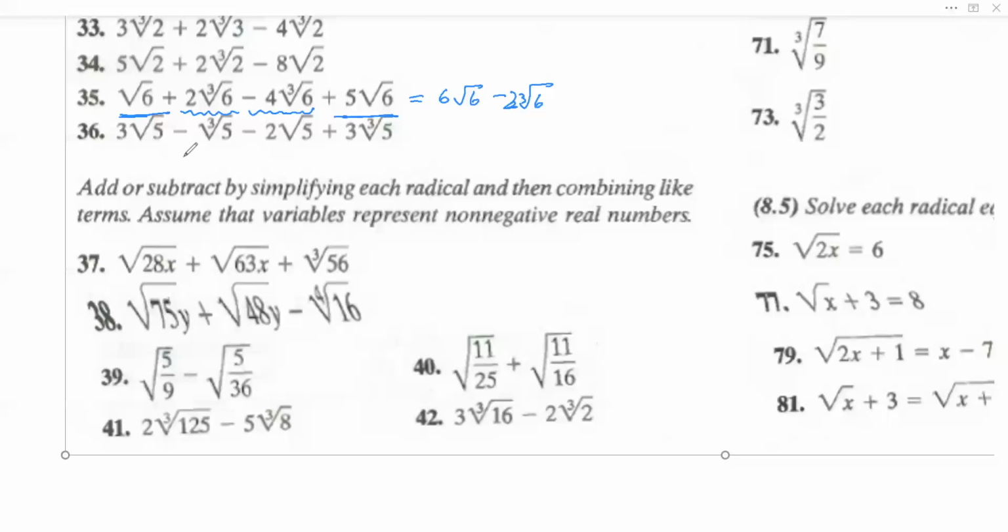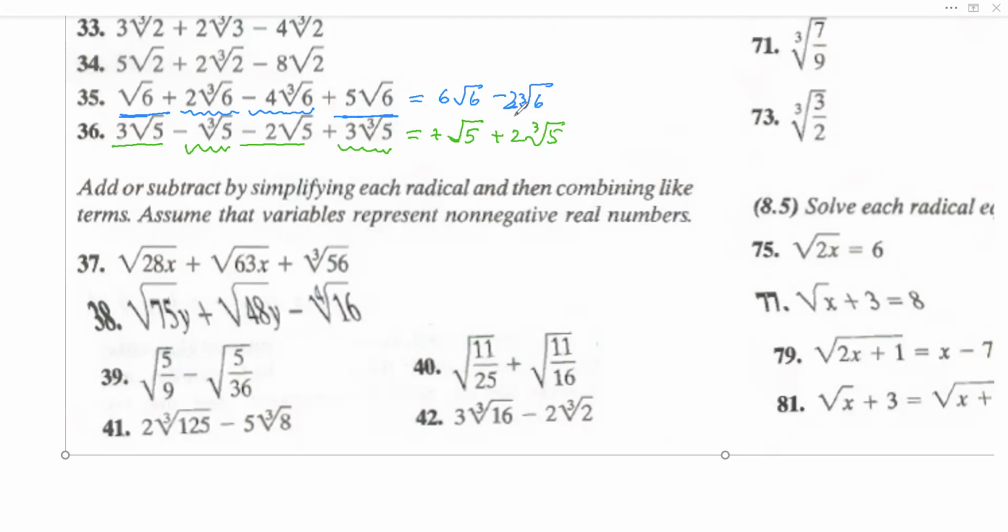Now 36. These two are like radicals, so negative 3 minus 2... it became positive, square root 5. And these two are like radicals, so 1 plus 3 is a positive 2 cubic root 5. Very, very easy.